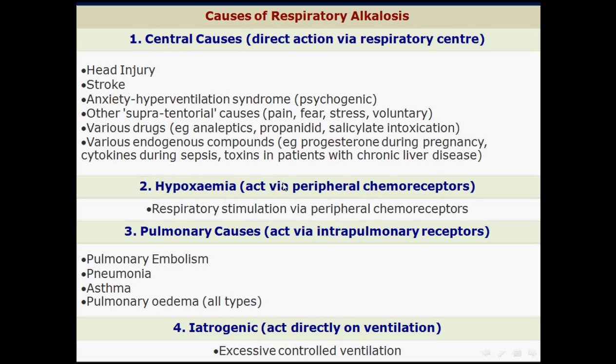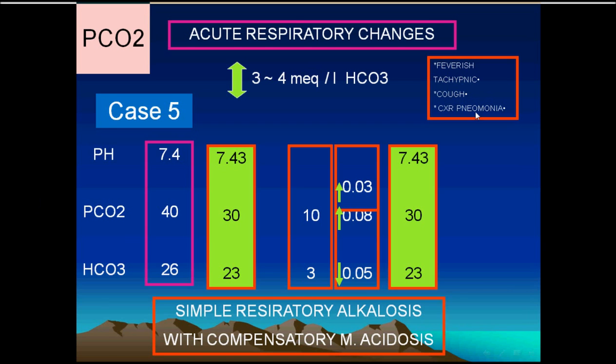This may be due to chemoreceptors, hypoxia or acidosis, or mechanoreceptors like pulmonary embolism, pneumonia, or asthma, or central, direct stimulation of the center, like trauma, stroke, anxiety, some drugs or some toxins, or iatrogenic, if you have put the patient on mechanical ventilation and you have overventilated the patient.